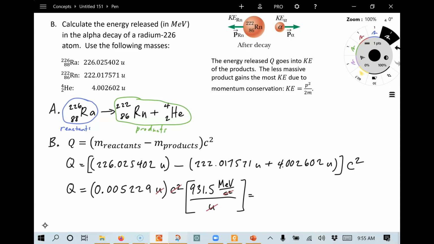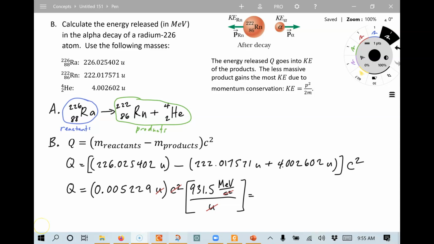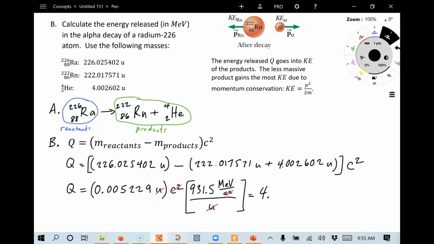We're left with MeV, what comes out to 4.87 mega electron volts of energy was released in this reaction. And of course it's released because there is less mass in the products than the reactants, and therefore that mass that was lost was converted into this energy, 4.87 MeV.